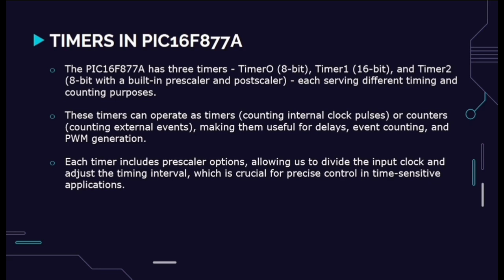These timers can operate as timers, counting internal clock pulses, or as counters, counting external events, which makes them useful for delays, event counting, and PWM generation. Each timer includes prescaler operations, allowing us to divide the input clock and adjust the timing interval, which is crucial for precise control in time-sensitive applications.